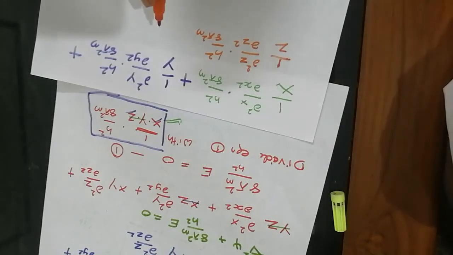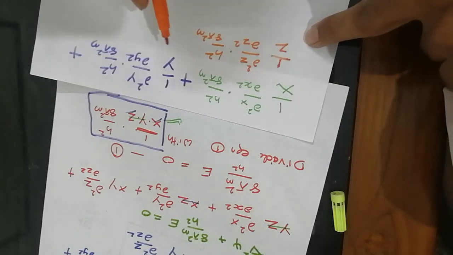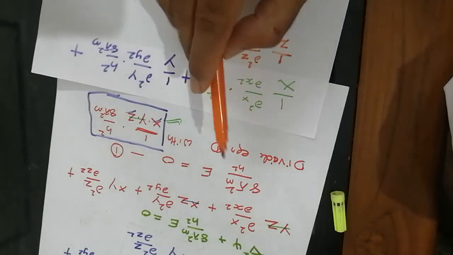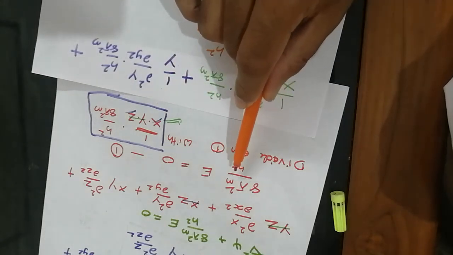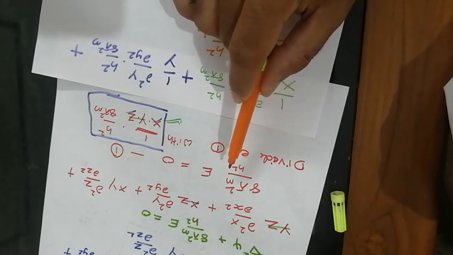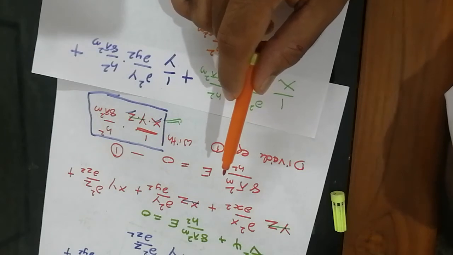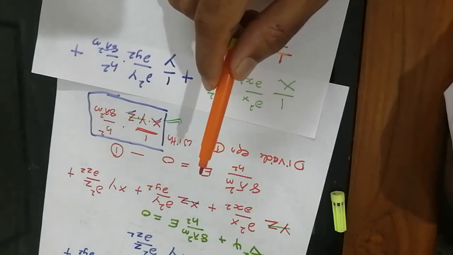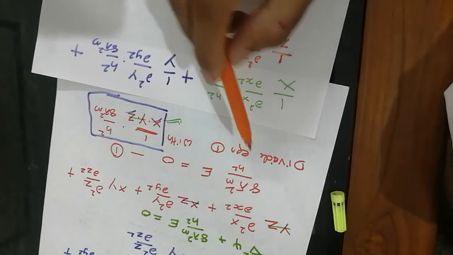Now what happened to this case? Listen to me, what happened to this case? Here you have 8 pi square m by h square. Therefore, tell me, what happened to that term? That will be completely cancelled.